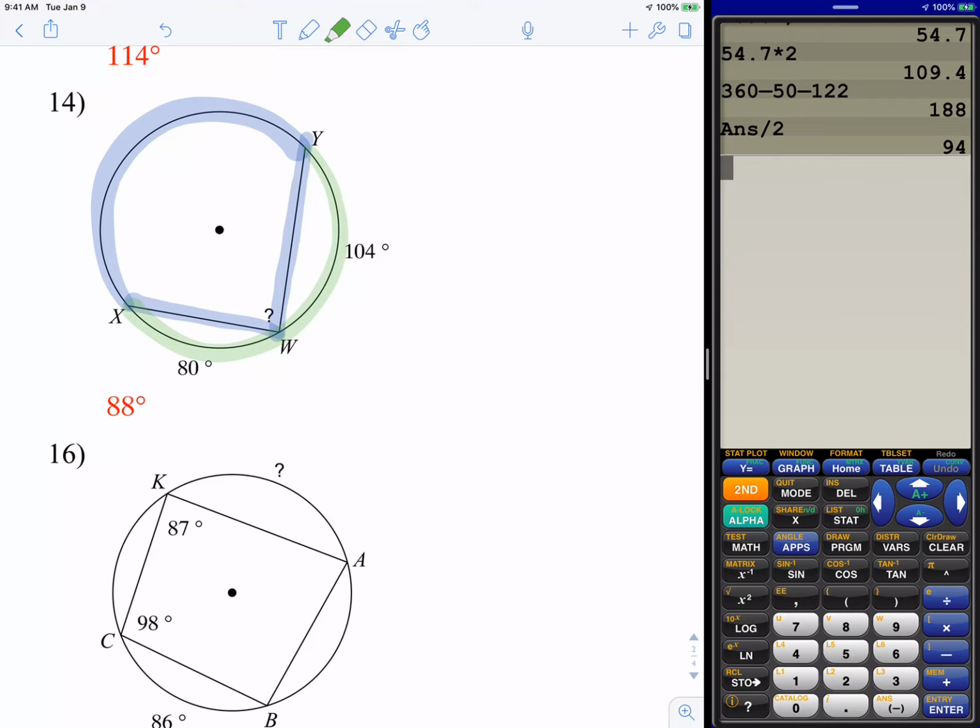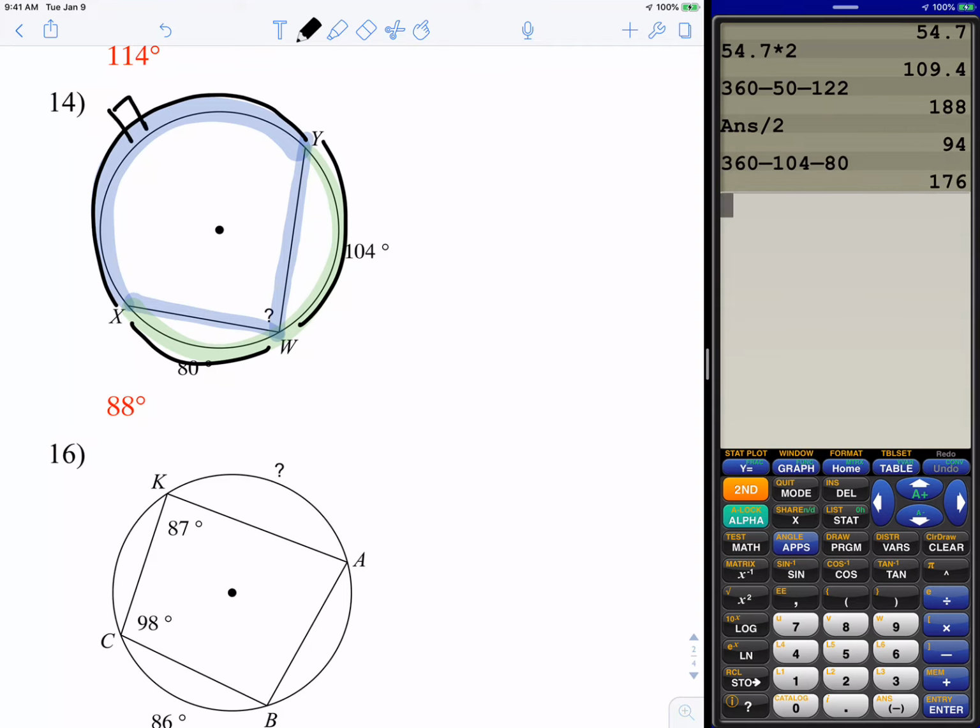So if I add arc YW and WX to this big unknown arc, it should be a sum of 360. So if I take 360 and I subtract 104 and 80, I'm left with 176 degrees. So 176 equals 2 times angle W. So angle W is 88 degrees.